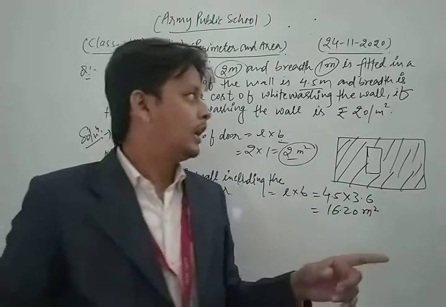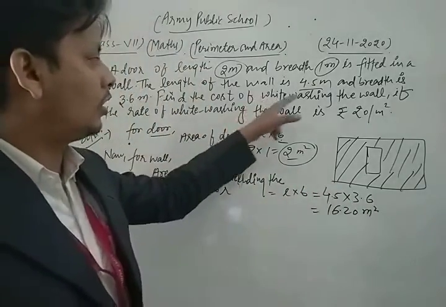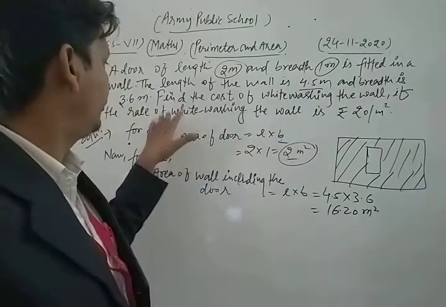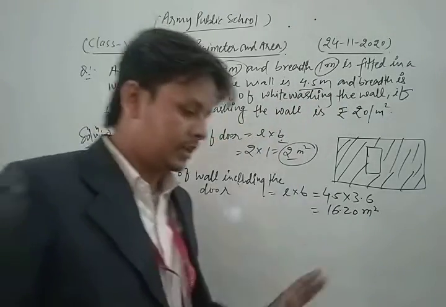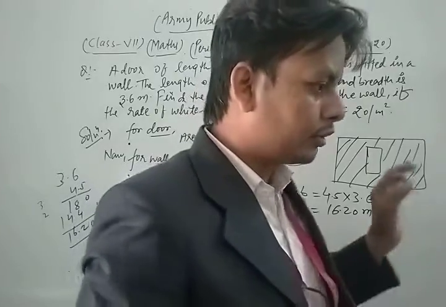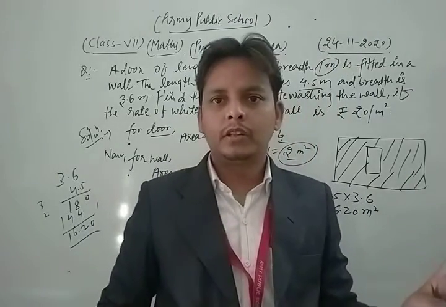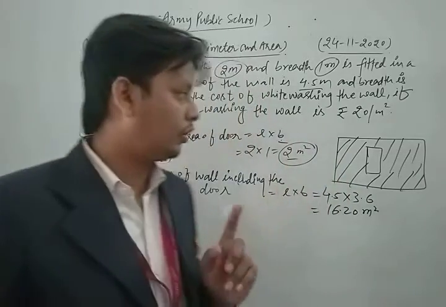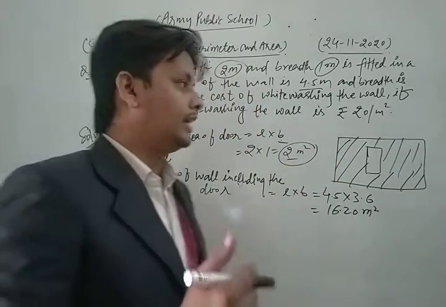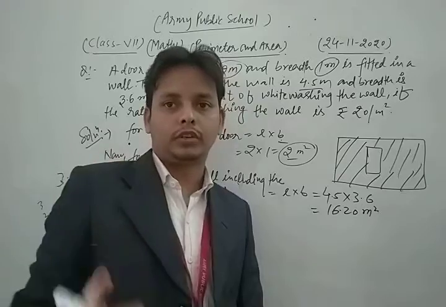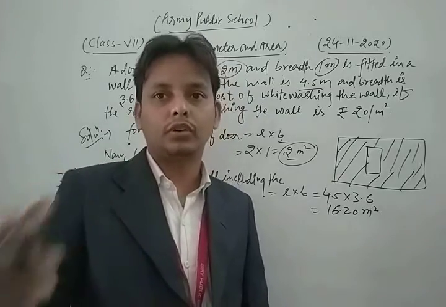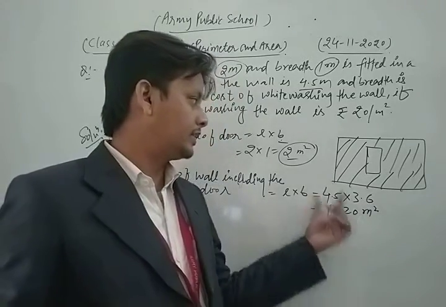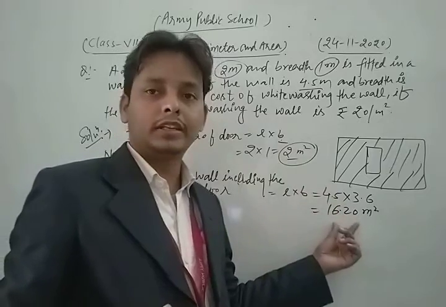In this way, we find the area of one door as well as area of wall including the door. Now, what we find? We find the cost of whitewashing the wall if the rate of whitewashing the wall is this. Dear student, we don't whitewash the door, na? We want whitewashing only the wall. So first of all, we find the required region of the wall for whitewashing. We subtract the area of door from the area of the wall including the door.